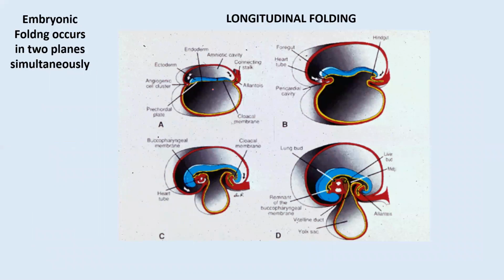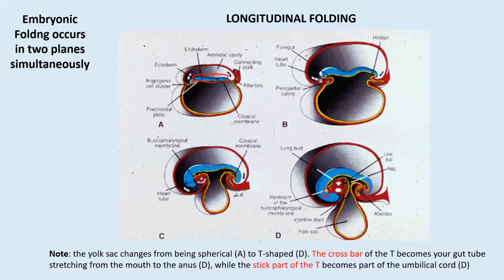Now we can look at this from 2 ways. Longitudinal form. Here's your inner cell mass right there. Look at it folding. This is eventually going to form your mouth and your anus, for the endoderm, for example. So note this yolk sac changes from being spherical to a T shape, and it gets smaller and smaller, okay?